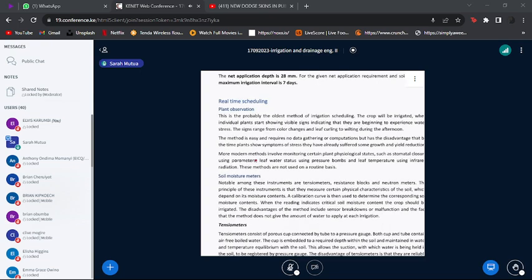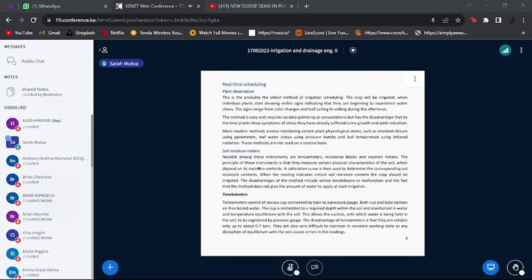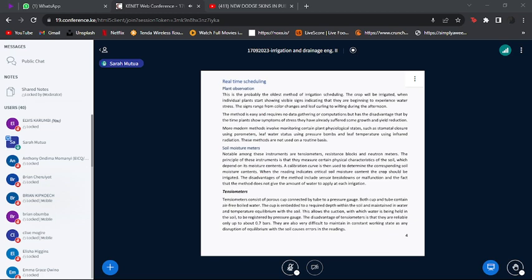You can have soil moisture meters, whereby you install moisture measurement devices in the soil, and then you measure every day what the moisture content is, and whether it has gotten to the critical moisture content. But how practical is that? You need a lot of manpower and also resources so that you can be able to do that.